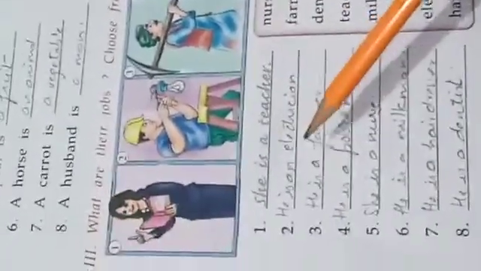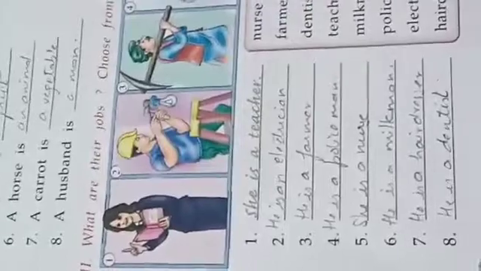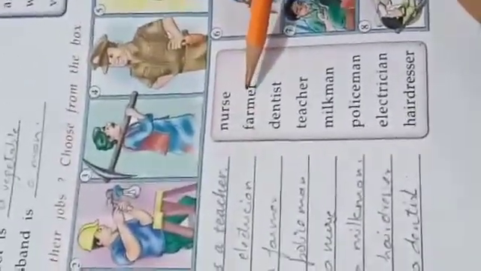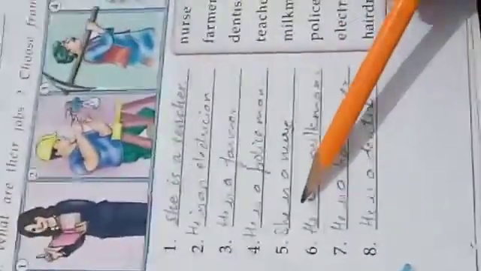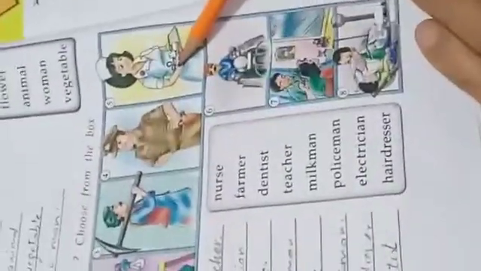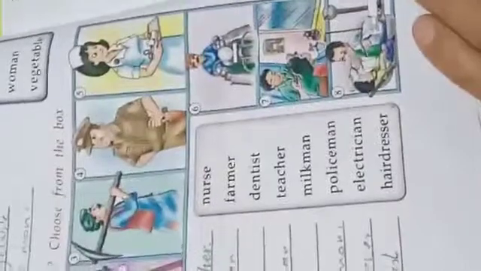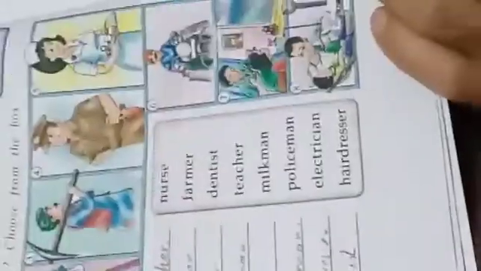He is a policeman, and so on. You write with he, she, and so on. You fill the word from there. He is a policeman. She is a nurse. He is a milkman. And so on, you fill the word.